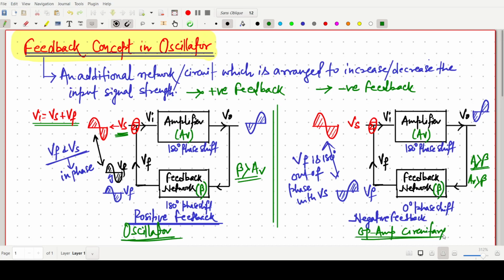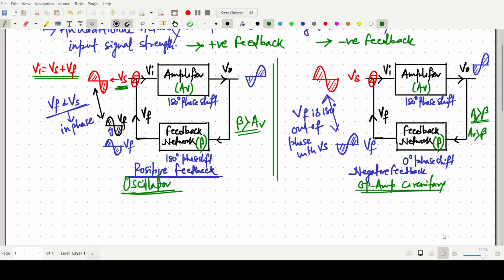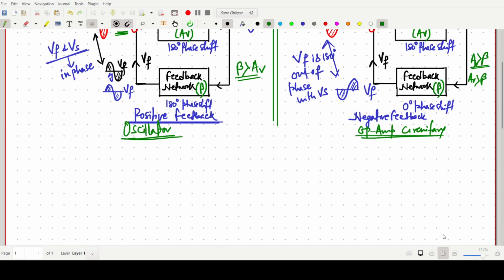So first we have to think about the oscillator. What is an oscillator? An oscillator is simply a circuit that generates a variety of output waveforms.